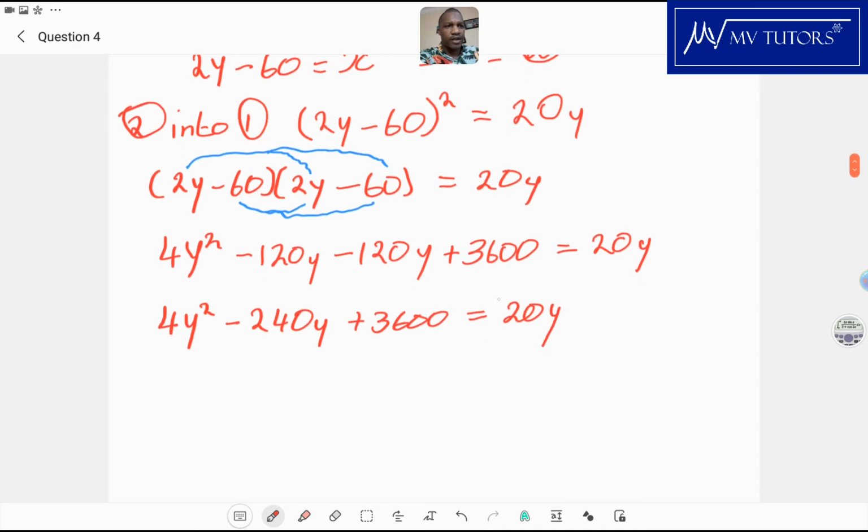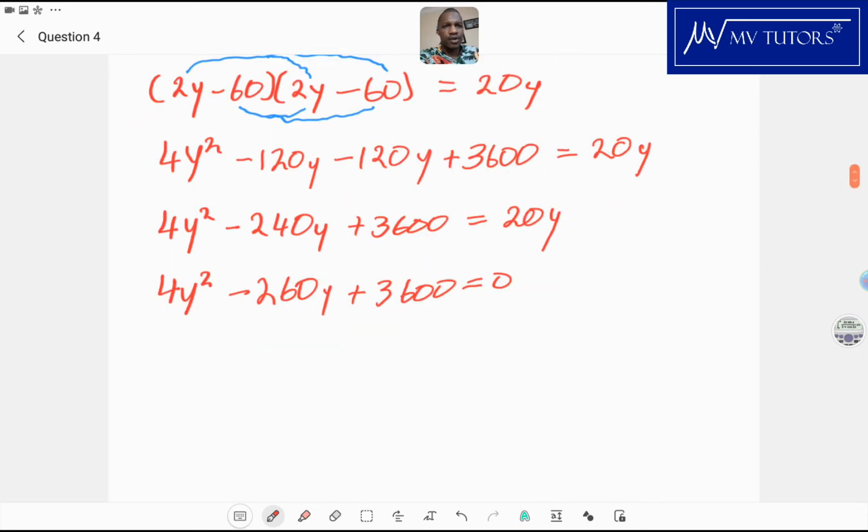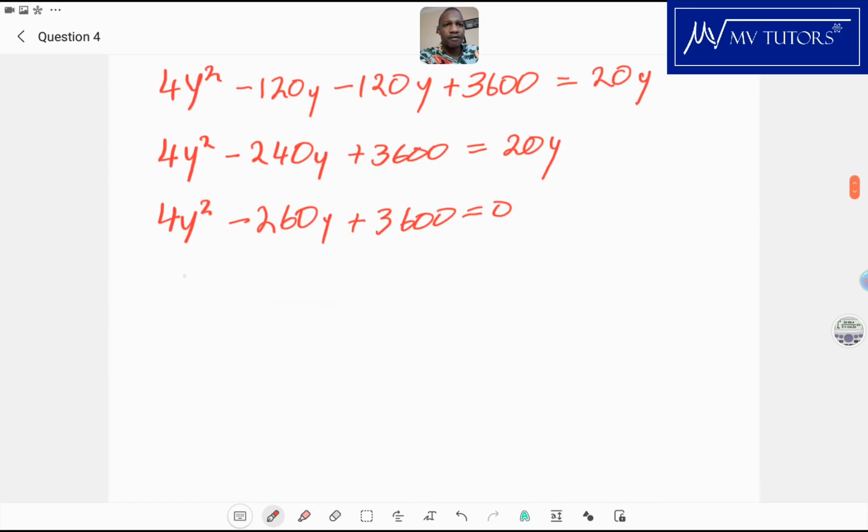Okay, now I can take this 20 to the other side. I'm going to have 4y squared minus 200. If I take this 20 to the other side, it becomes 260y plus 3600 is equals to 0. All right, now I want to divide everything by 4.